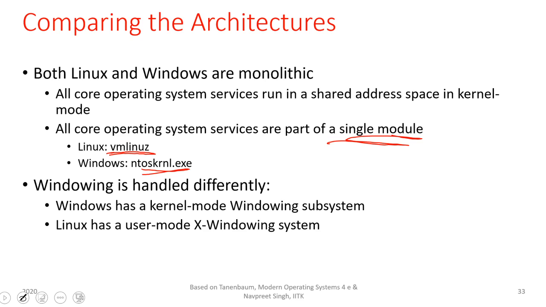One of the differences is that the graphical user interface is part of the Windows kernel, whereas in the Linux operating system, the X windowing system is part of the user space, for example. So there are some differences, but there are some similarities as well.